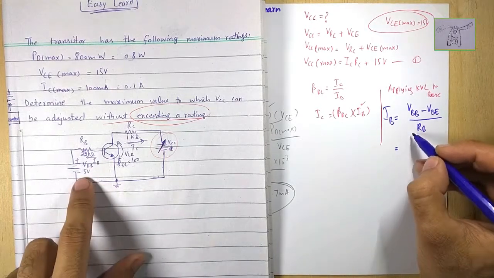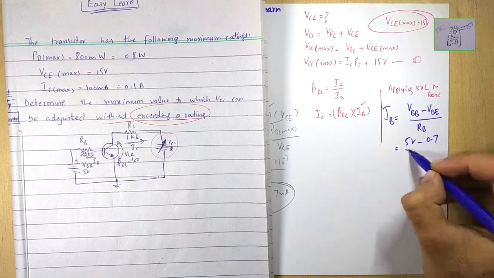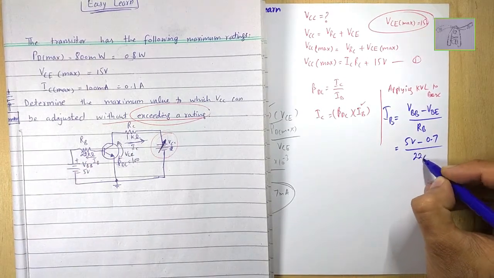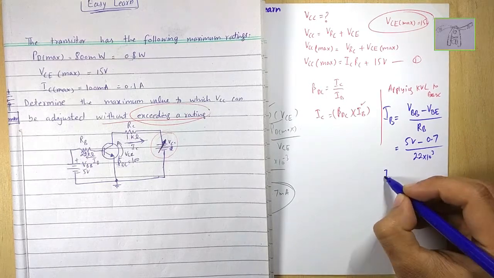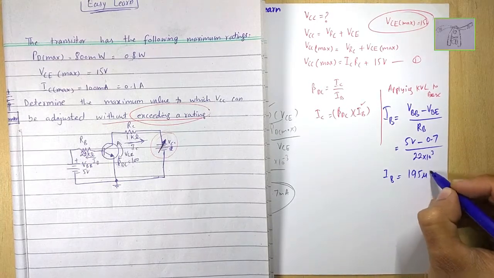What is the VBB? That is 5 volts, minus 0.7 volts drop, which is understood, and RB is 22 into 10 raised to power 3. The answer is IB equals 195 microampere.